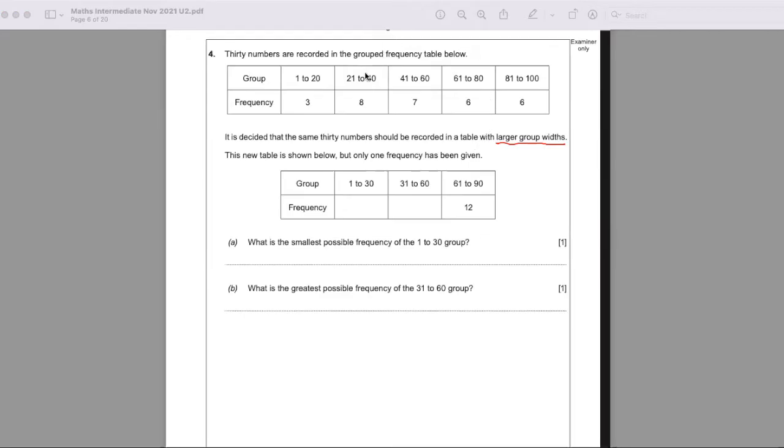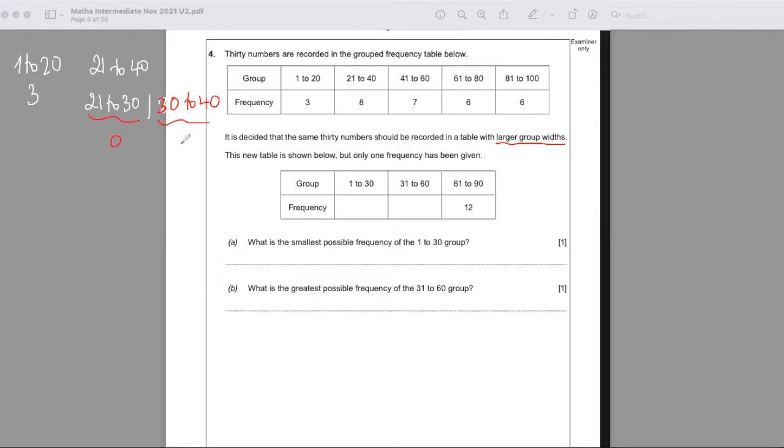Again, this is quite a strange question, like you haven't actually seen something similar in the past. It's not difficult though. So you got 1 to 20, you got 3 of them. Now, 21 to 40, if I break it down 21 to 30 first, and then 31 to 40. So the smallest frequency for 21 to 30 can be actually 0.